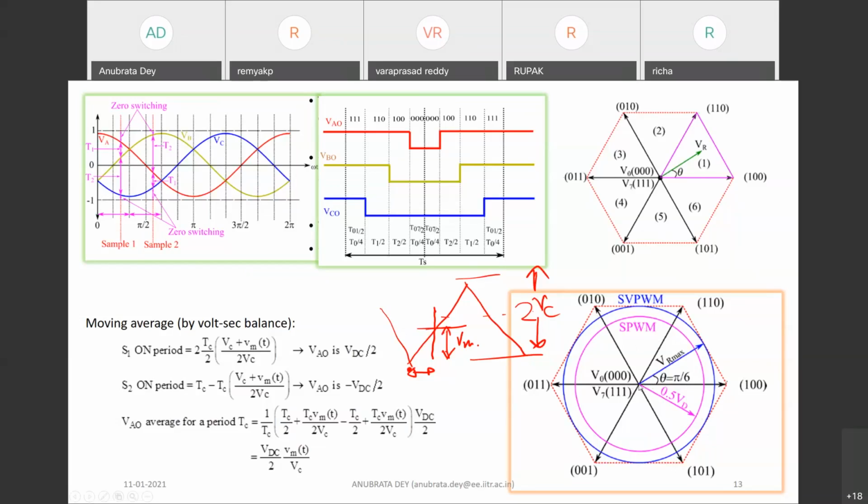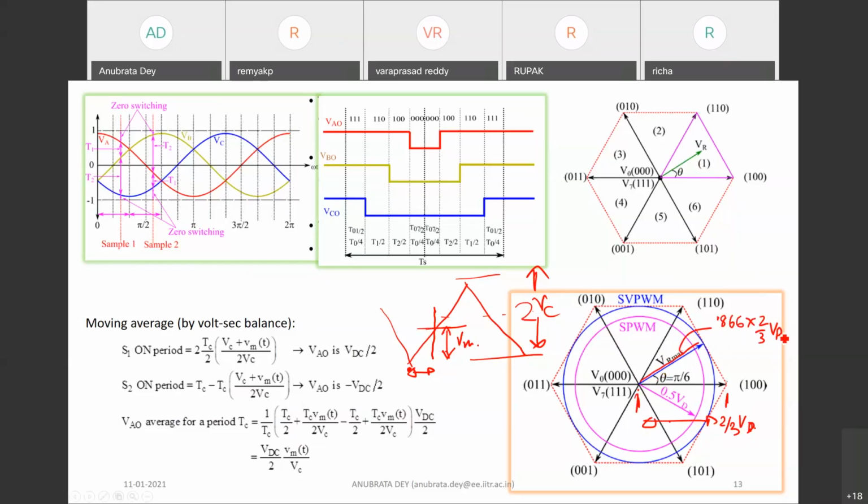So the maximum length from here to here, you can assume 2 by 3 Vd. If this length is 2 by 3 Vd, then what will this length be? 0.866 into 2 by 3 Vd.